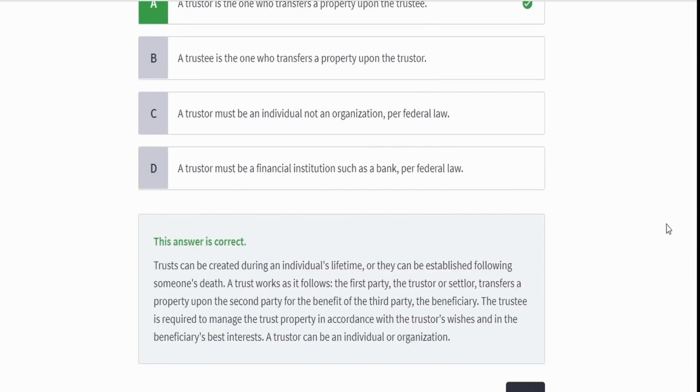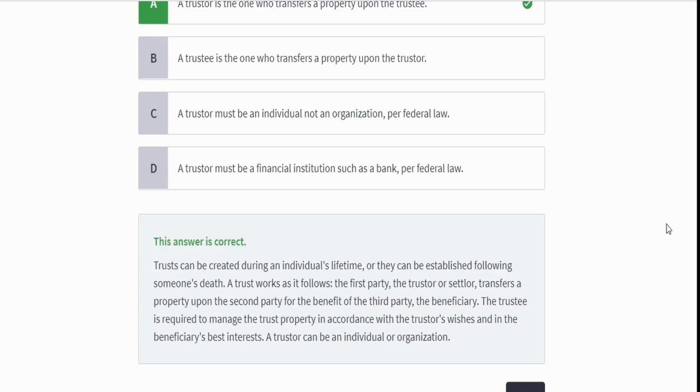So trusts can be created during an individual's lifetime, obviously, or they can be established following someone's death. Not so obviously. A trust works as follows. The first party, the trustor or settlor, transfers a property upon the second party for the benefit of the third, the beneficiary. So the trustee is required to manage the trust property in accordance with the trustor's wishes and in the beneficiary's best interest.